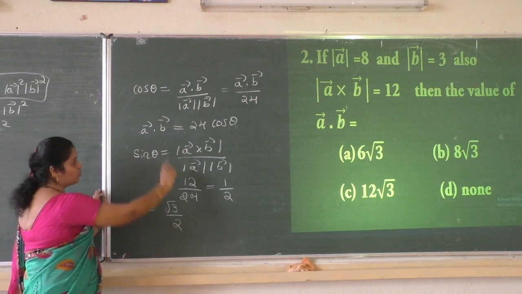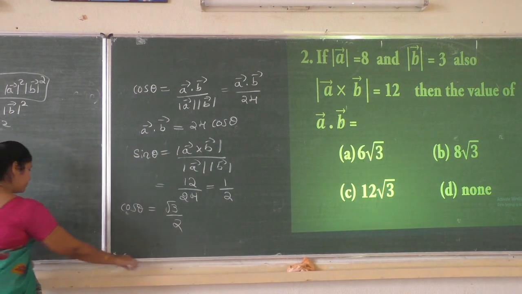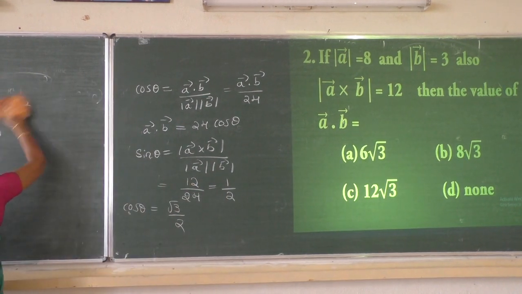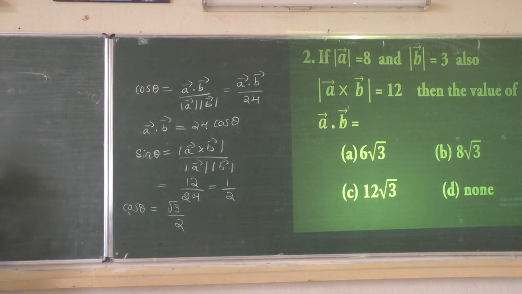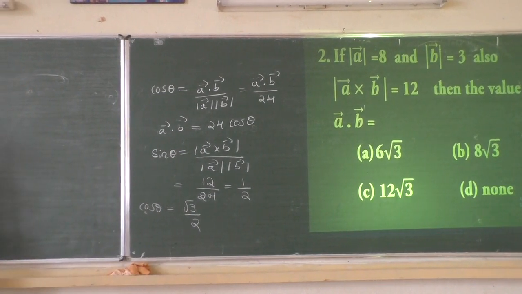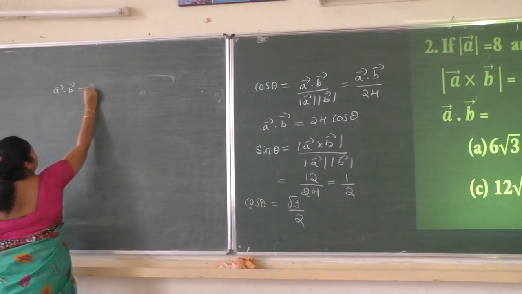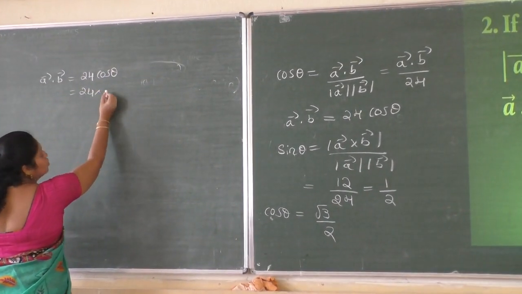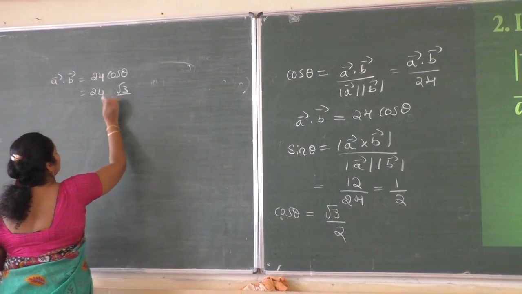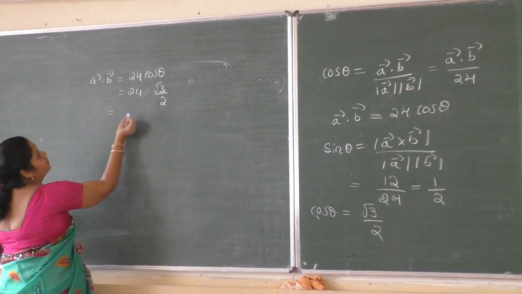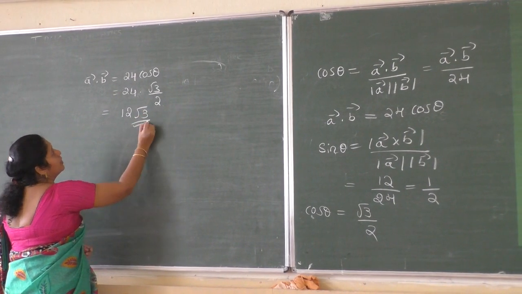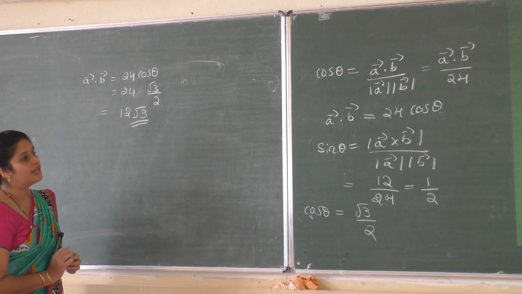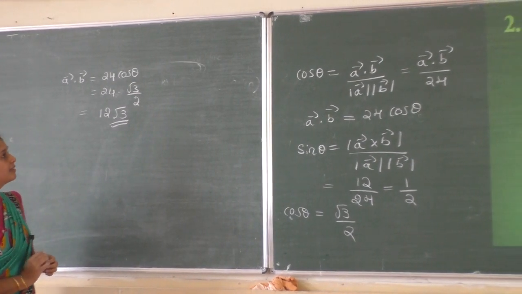Now vector A dot vector B you can calculate: 24 cos theta is 24 into root 3 by 2. So the answer is 12 root 3. Therefore option C is the right answer.